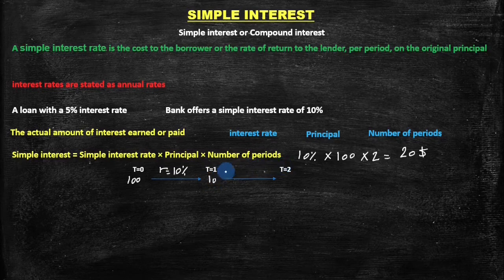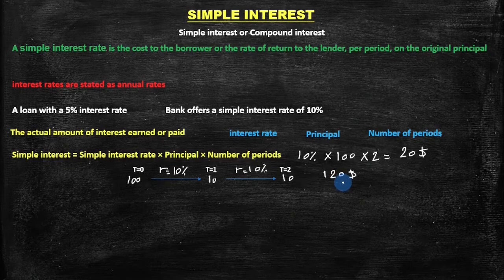And then again for the second year, the R is still 10%. And your original principal also hasn't changed. So 10% of $100, again another $10. So $20 in interest plus your original $100, that will make it $120 in total, right? So that will be the interest plus your original principal.